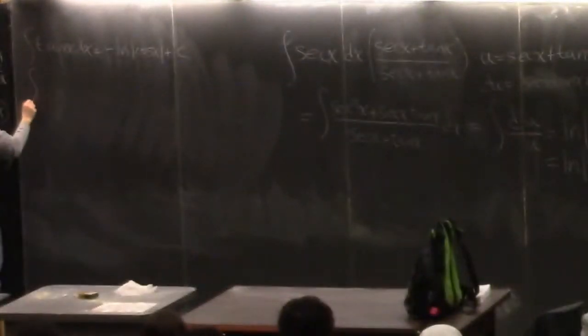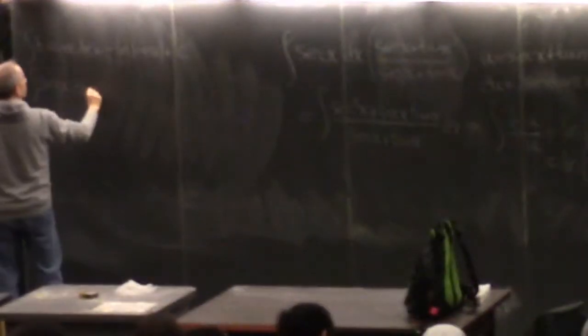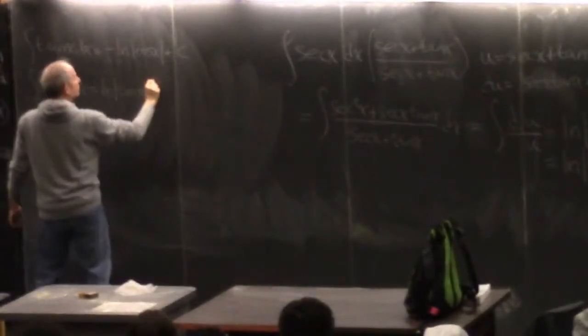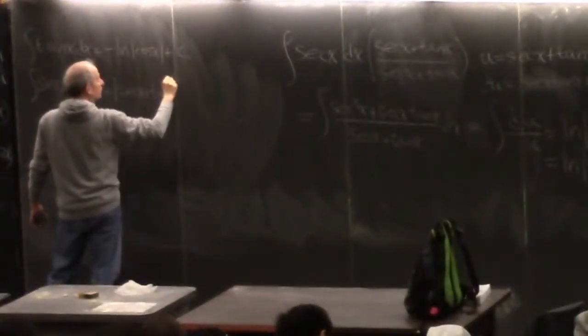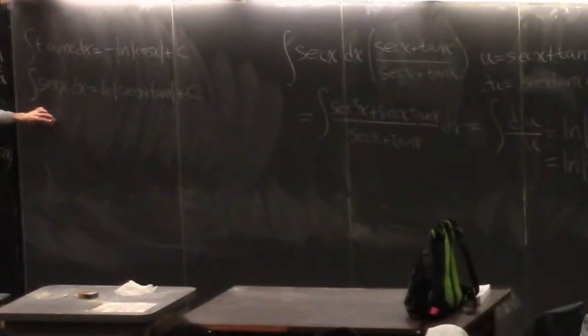I'll leave you to figure that out on your own. And this is the log of secant x plus tangent x plus a constant. Okay, so feel free to memorize. Nothing wrong with that. After all, you memorized the Pythagorean theorem.